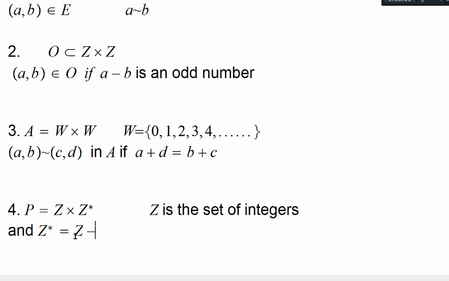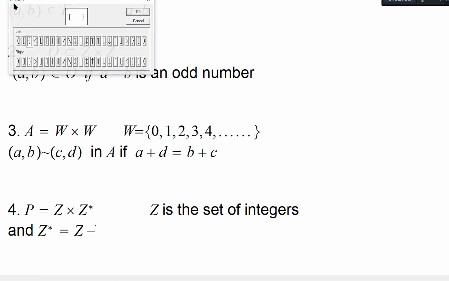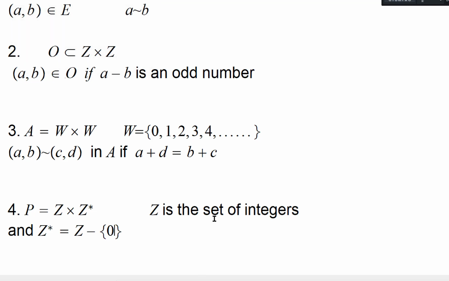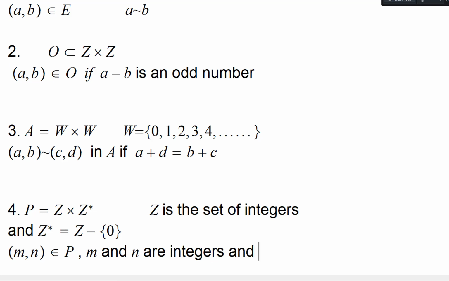We developed that notation: we just go ahead and take 0 out of Z. So what we have is that (M, N) belongs to P if M and N are integers and N is not equal to 0.